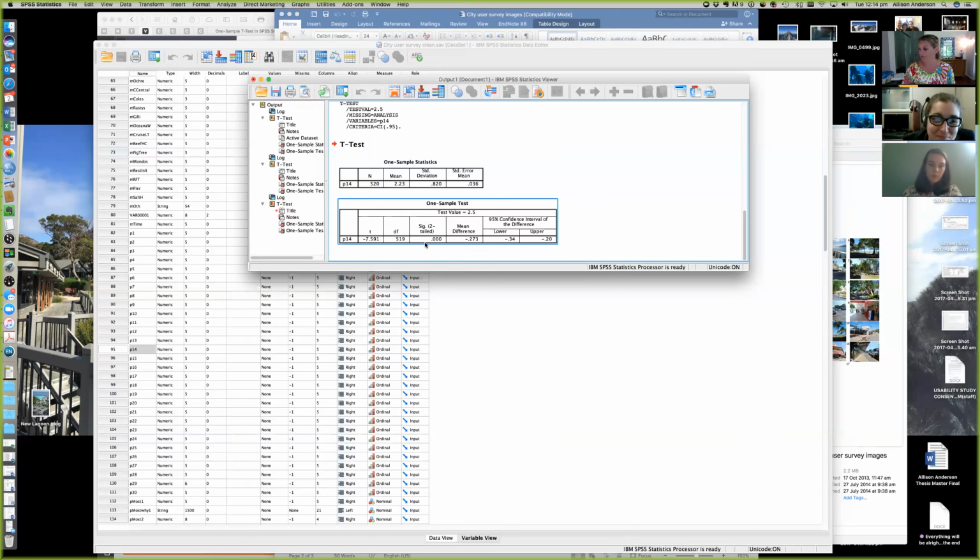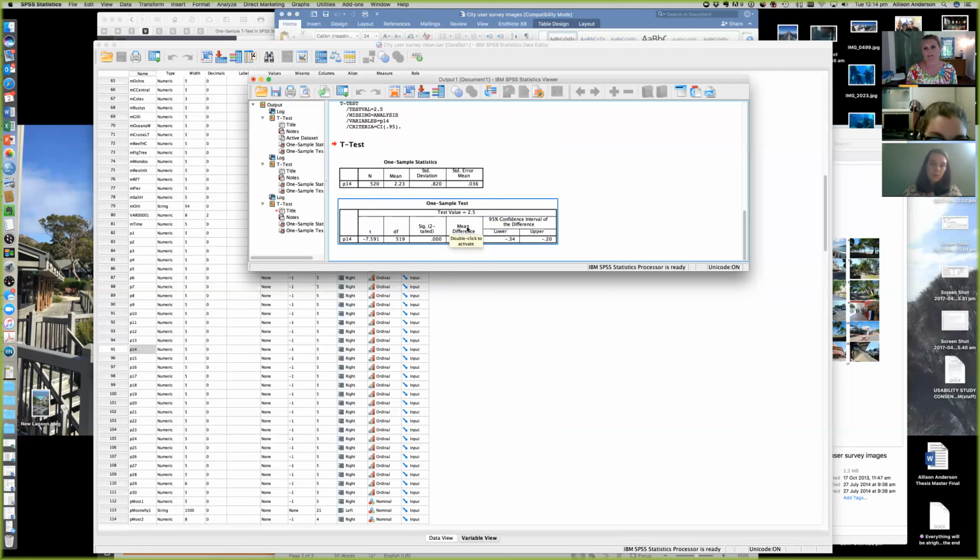Your p-value needs to be less than 0.05 for it to be statistically significantly different. The significance here has been rounded to 0.000. It's very, very low, so they are statistically significantly different. So 2.5 is different to 2.23.